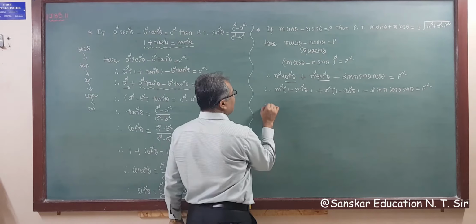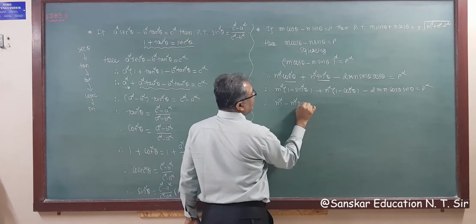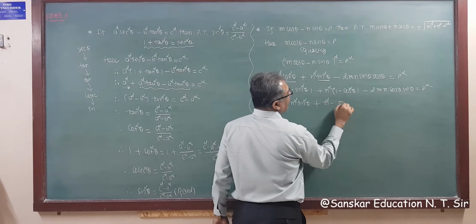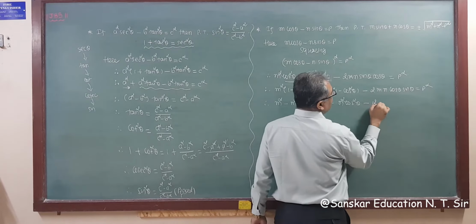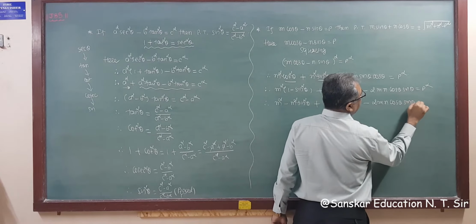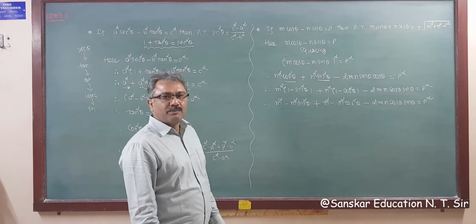So multiplying this, m square minus m square sin square theta plus n square minus n square cos square theta minus twice mn cos theta sin theta is equal to p square.